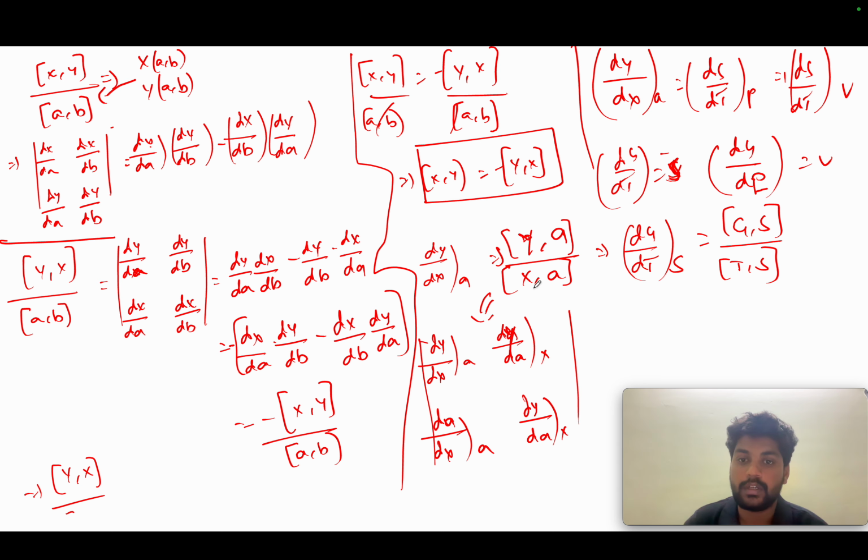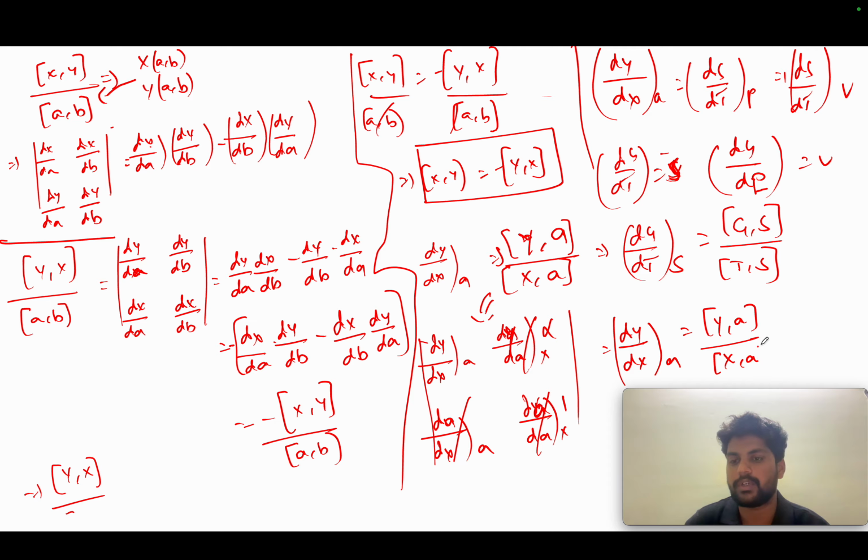You know that a is a constant, so this will get 0. This will be 1, this will be infinite. So 1 into this minus 0 of infinite. So this is nothing but y comma a divided by x comma a. So these four are the Jacobian properties which we need to understand mathematically.